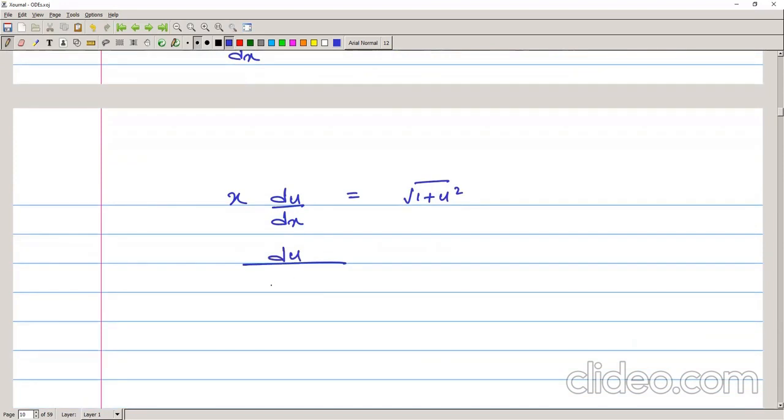Then we have du over the square root of 1 plus u squared is equal to dx over x. Now we can simply integrate the function. There's an integral here and an integral here.